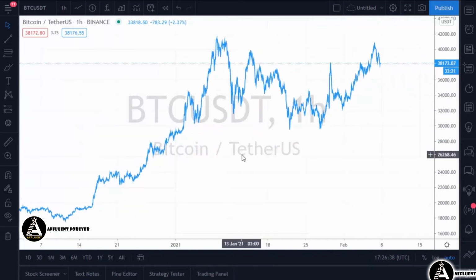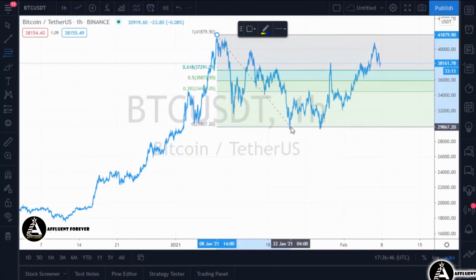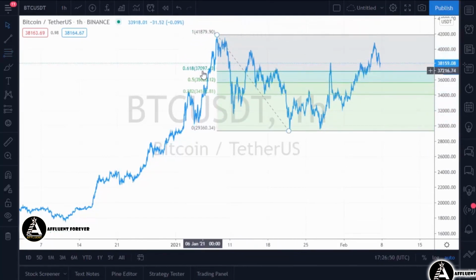But if you are trying to short this market for whatever reason, there's absolutely no reason to be short of this market. But if you were on the other side of this trade, once you're past the 61.8, you're in trouble.